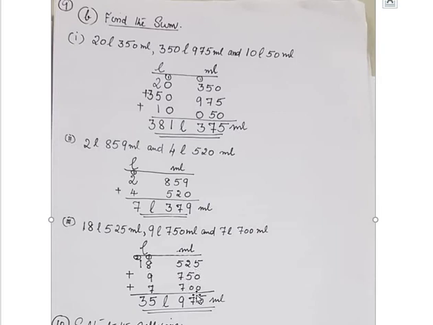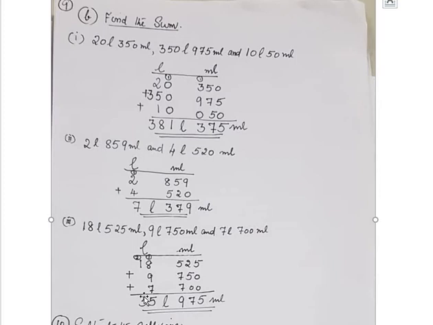So you can also arrange it, and then plus. 5 plus 0, 5. 5 plus 2, 7. 5 plus 7, 12, 12 plus 7, 19, carry over 1, 1 plus 8, 9, 9 plus 9, 18, 18 plus 7, 25. So 5 will be here, 2 will be here, 2 plus 1, 3.